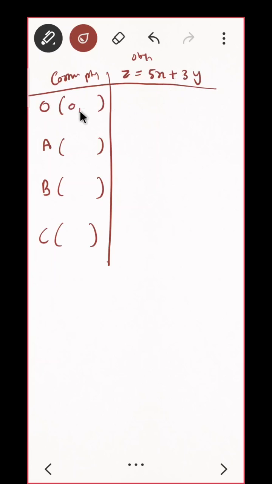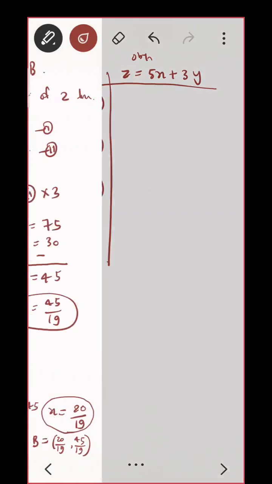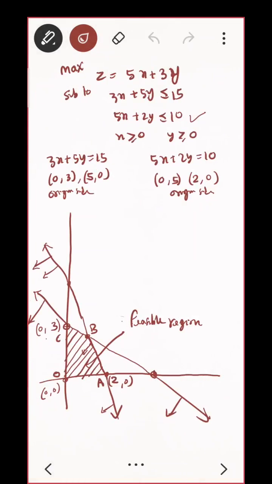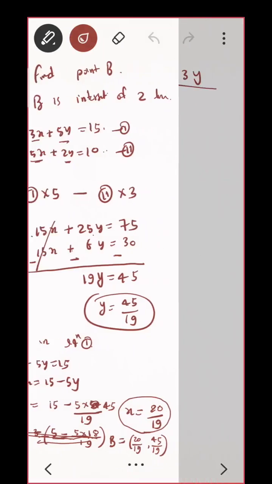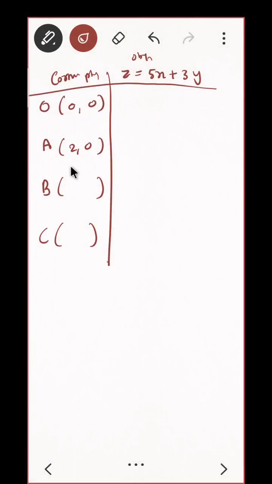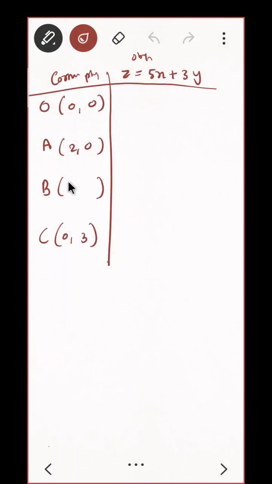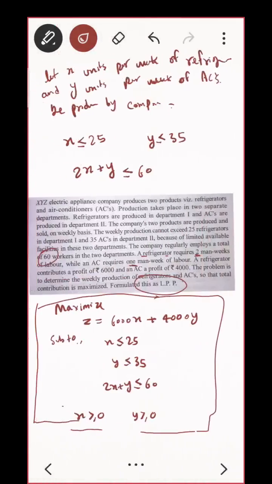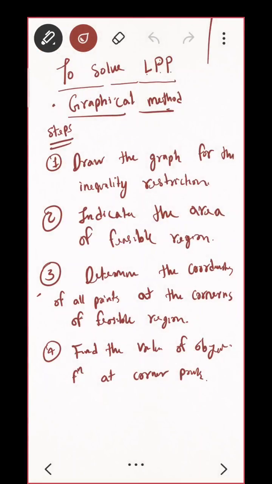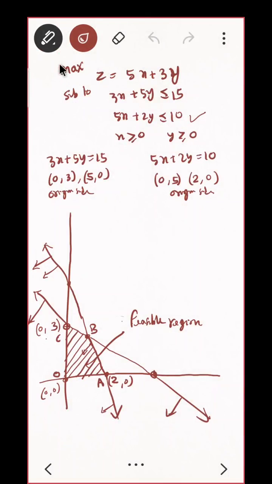O is 0,0. What is point A? 20. A is 2,0, and this is B. C is 0,3, I think. And B we found out, correct, 20/19 and 45/19. Yes, and remember one thing, in the question they are asking about maximize.